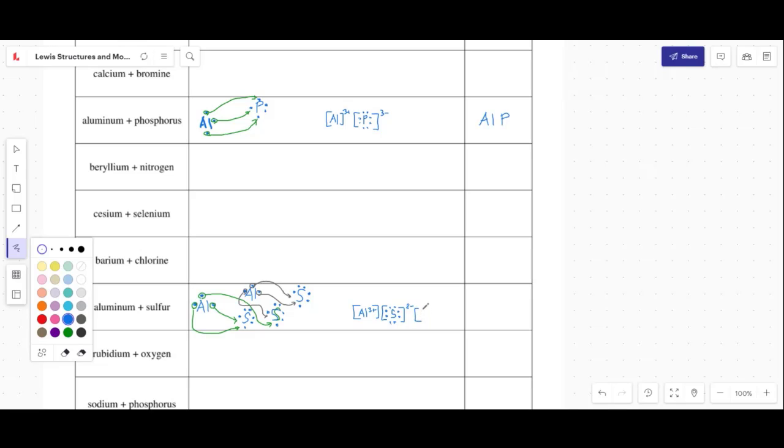And then I can draw another aluminum with a 3 plus charge. And if I want, I could draw the sulfur on either side of the aluminum, or I could even draw the sulfur above it if I wanted to.